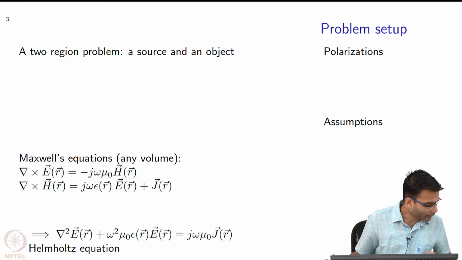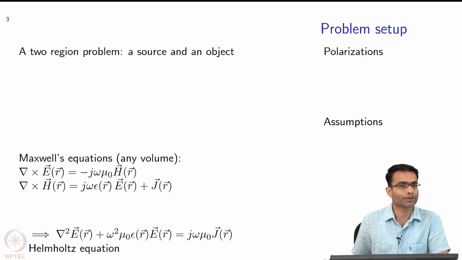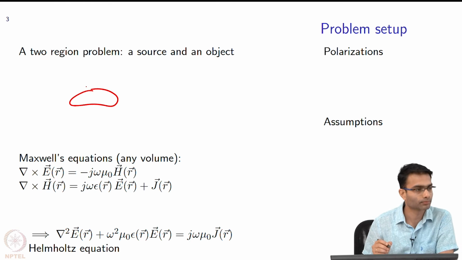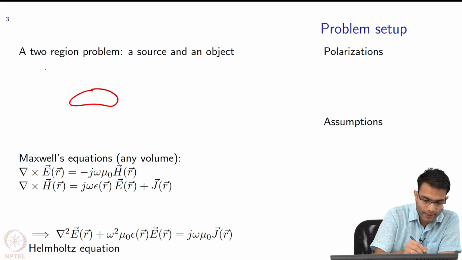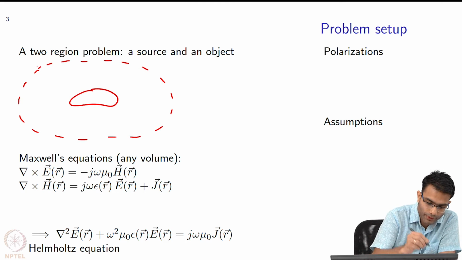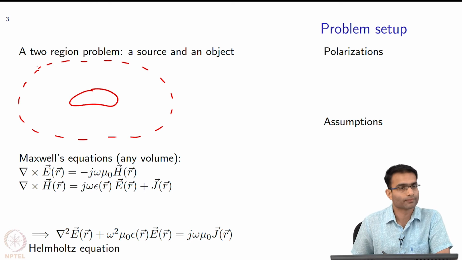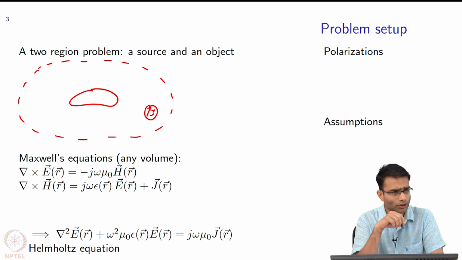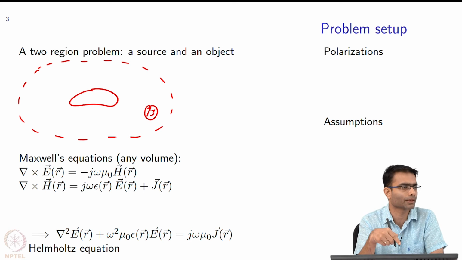So we are going to take a two region problem, okay, to keep things very simple. So let us say that there is one obstacle over here, okay, and it is inside another medium. Let us say that there are some sources over here, okay. So let us call this a source. So this is exactly like our mobile tower problem.